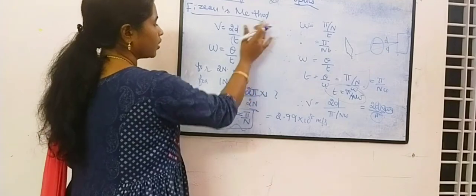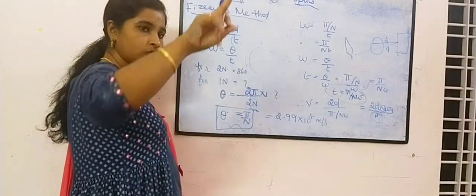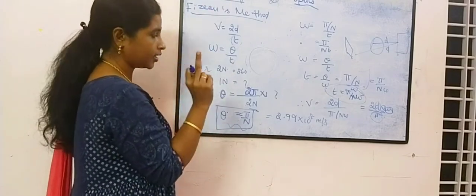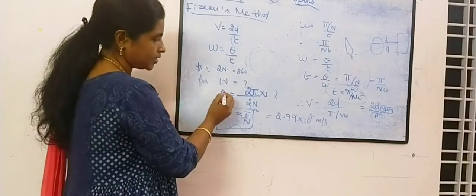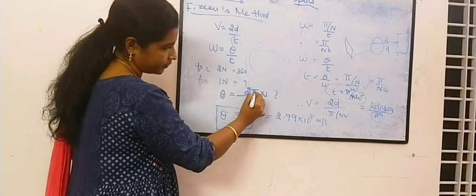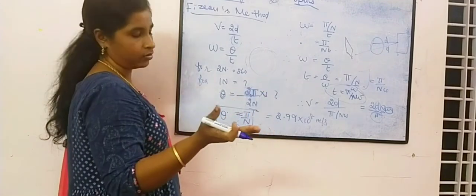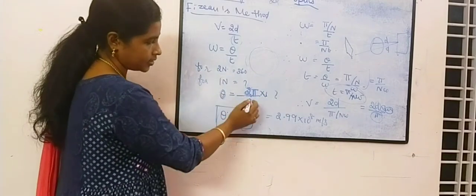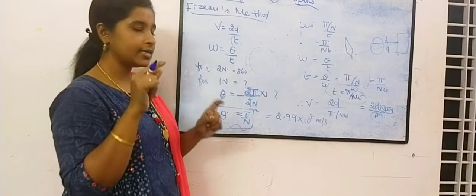So for 2n there is 360 degrees, that is, to go around 2n, it takes 360 degrees. Now for 1, how much do we need? For 2n I need 2 pi, so for one, 2 and 2 get cancelled, and we get pi by n. For one slot the angle is pi by n.